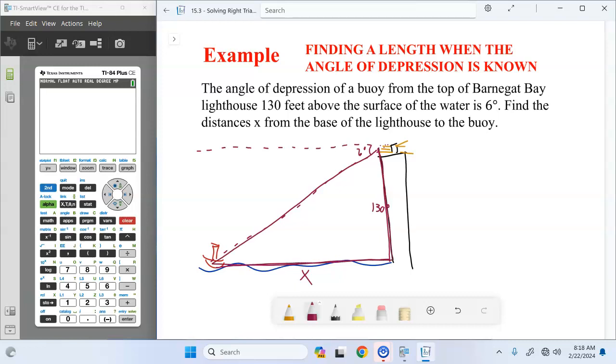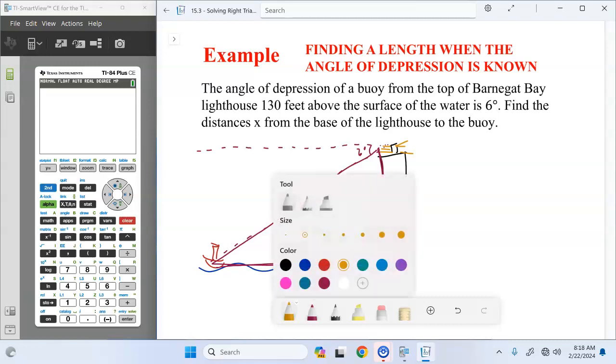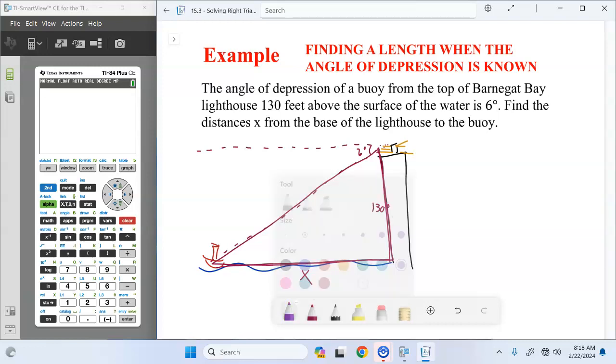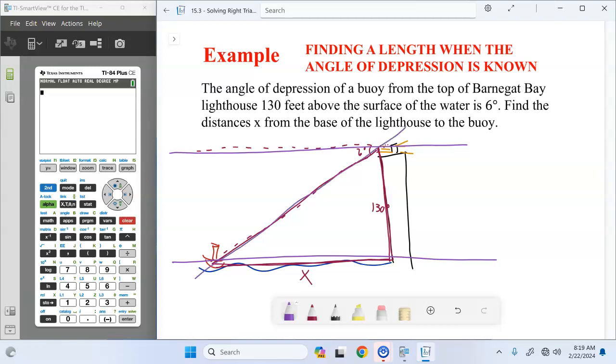Okay? Because angle of elevation and angle of depression are always attached to a horizontal line. If we look at these two horizontals as being parallel lines, here and here, with our hypotenuse being a transversal, we have here and here alternate interior angles.